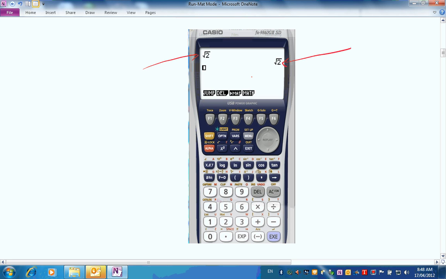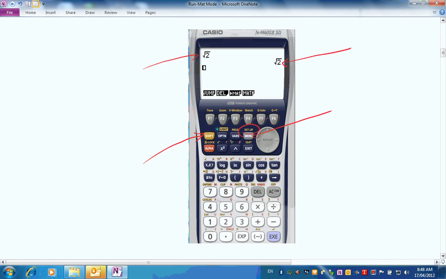Now let's look at linear mode. So I want you to hit Shift followed by Menu. That takes us into the setup. I want you to change the math setup to linear by hitting F2 and then execute.